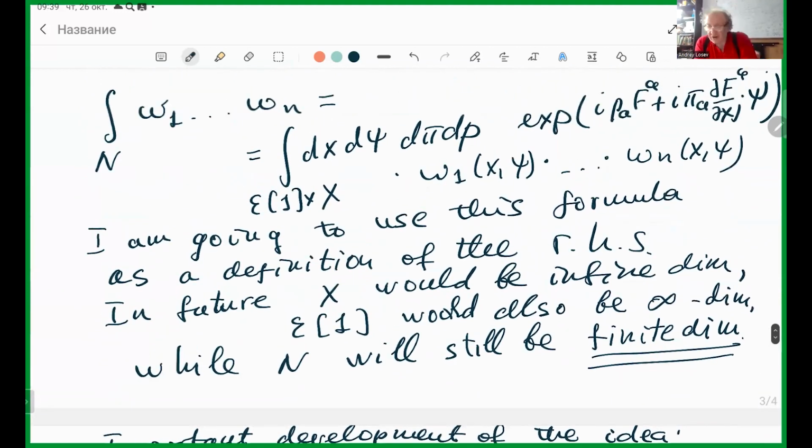If I use this as a definition, I know how to integrate differential forms, namely functions of x and psi. However, in the integral, I also have objects like p and pi.